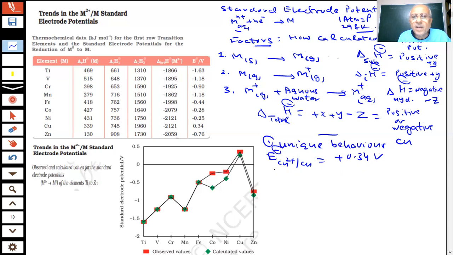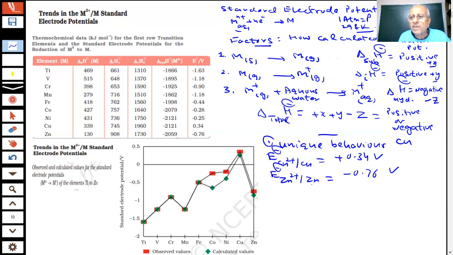And if I compare it with zinc, what is zinc? Minus 0.76 volt. So zinc is minus 0.76. All the elements are negative, but copper is positive.